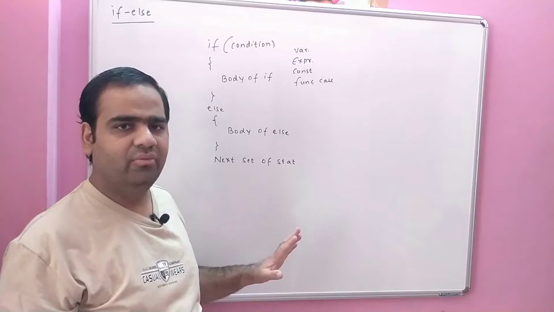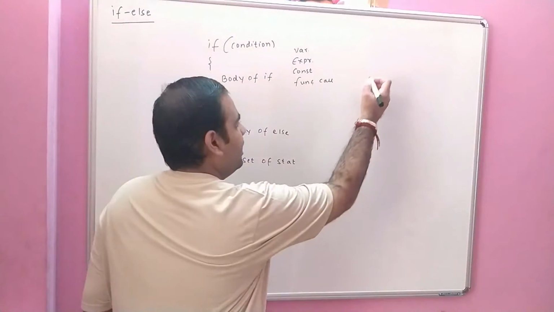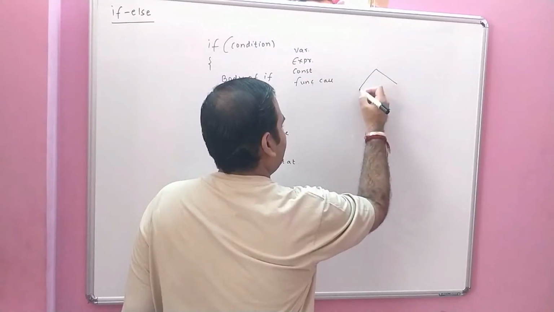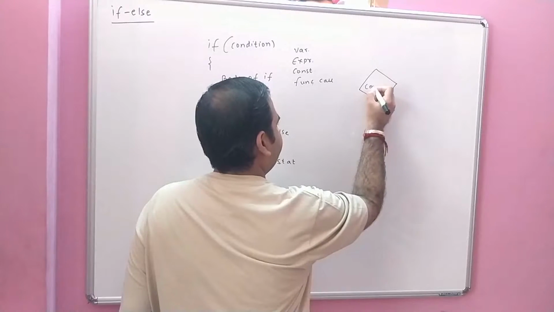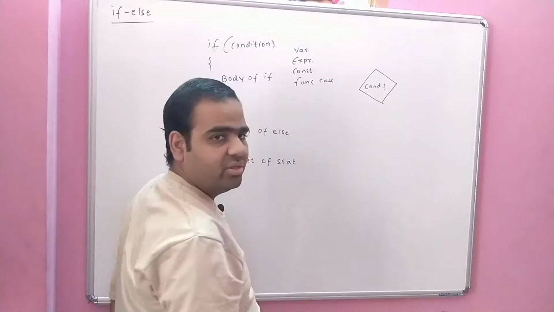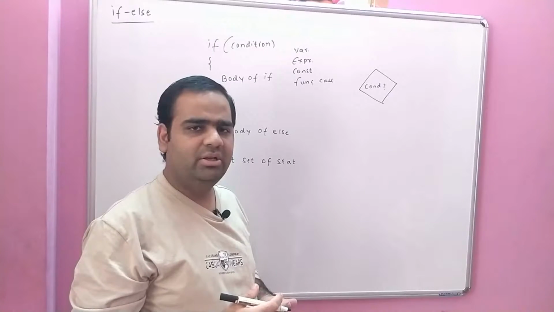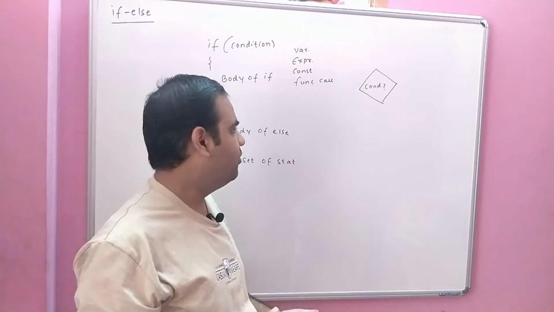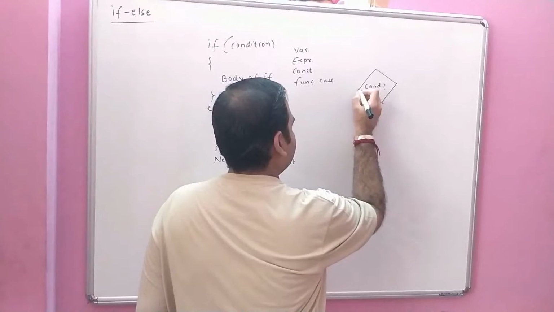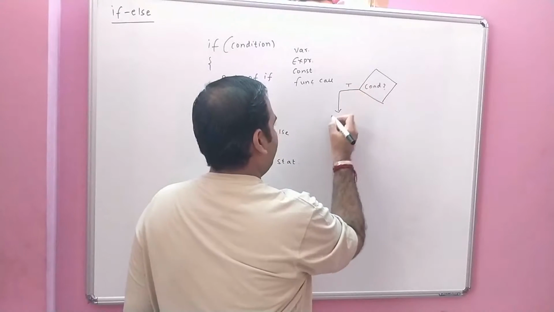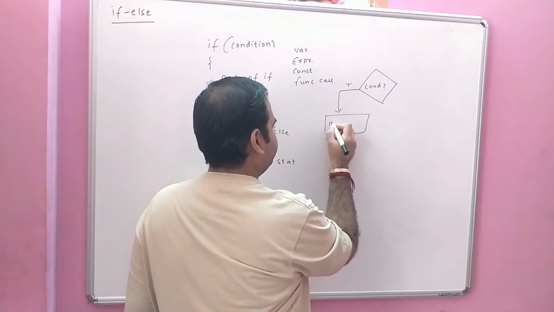Now let us look at the working of if-else. As we know, first the condition gets evaluated. There are two possible outcomes of the condition. Either the condition is true or the condition is false. If the condition is true, the body of if gets executed.